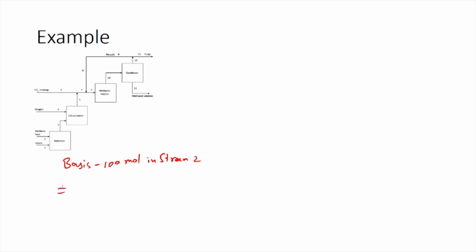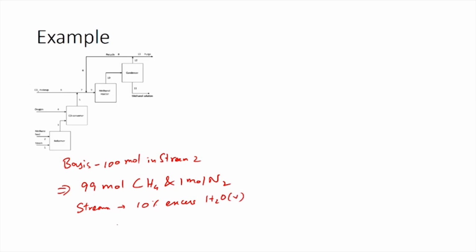So, this contains 99 moles of methane and 1 mole of nitrogen. We have also been told that stream 1 is 10% excess water vapor which is being fed, or steam which is being fed. So, we can calculate the requirement for water vapor based on the reformer reaction.